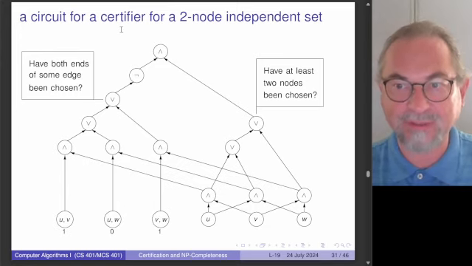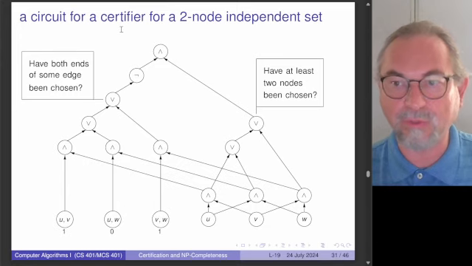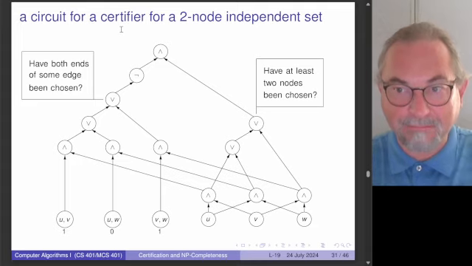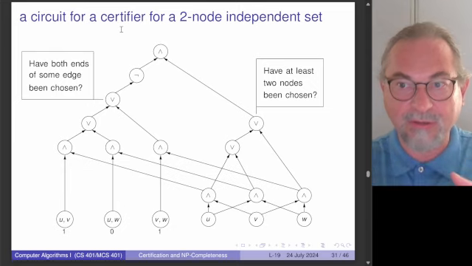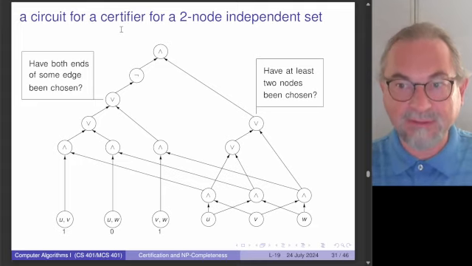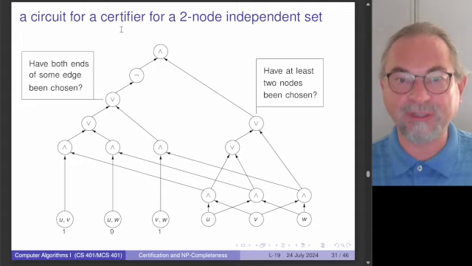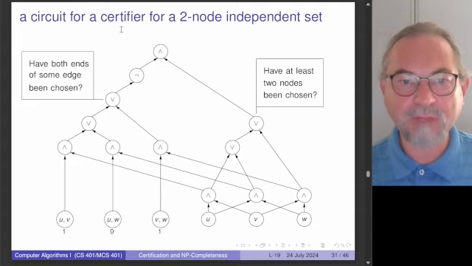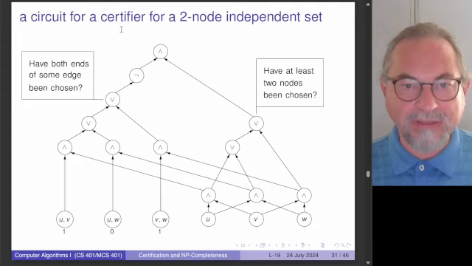If we have an input 0, we do not select that node. So for any possible pair that you pick, the circuit will tell you 1 or 0, depending on whether there is an edge between these two vertices. So there are 2 parts.